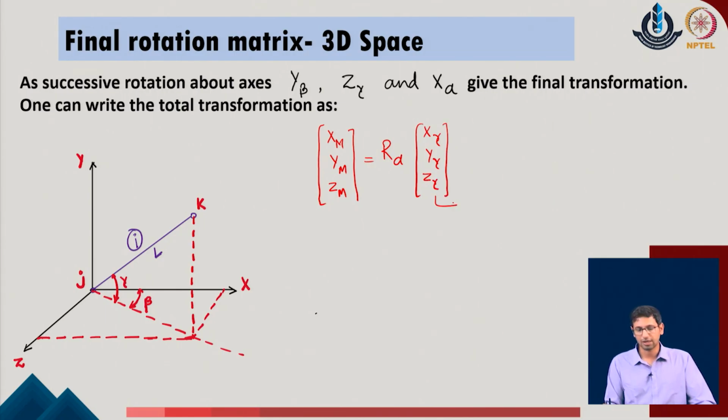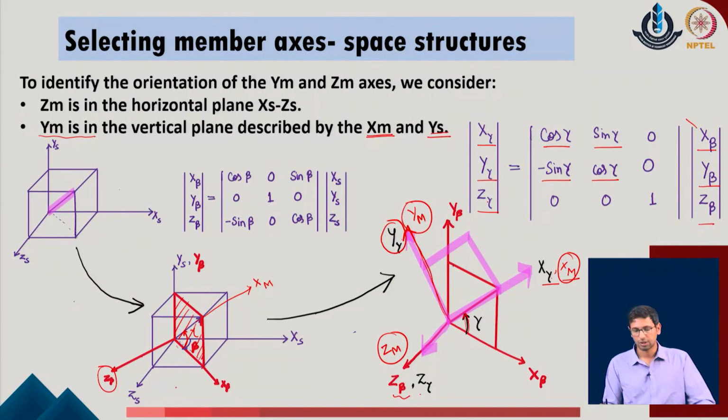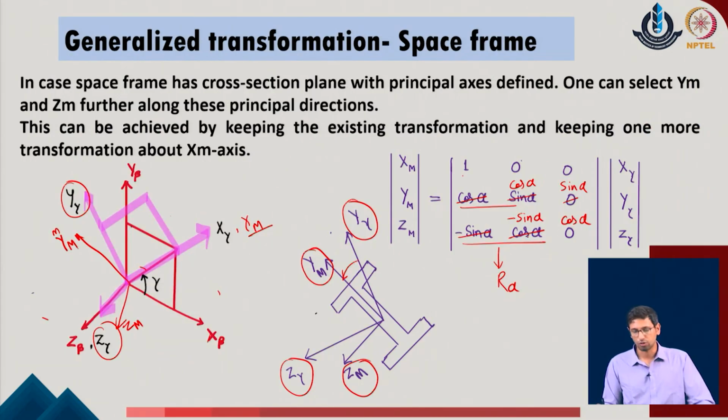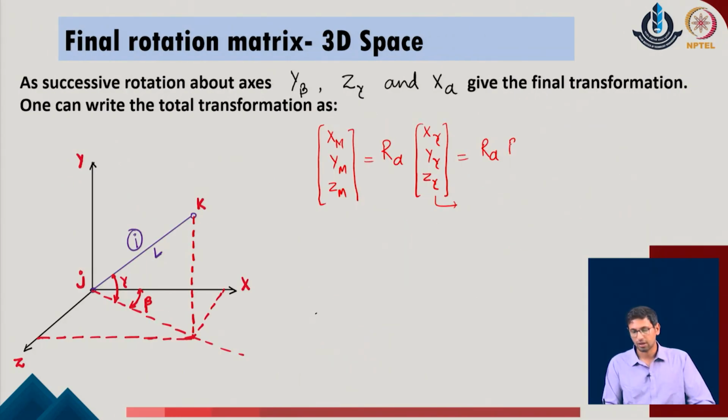Now, we realize that x of gamma, y of gamma and z of gamma is already defined, that these three values can be written in terms of the beta components. So, I go with the expression that it is R of gamma into x of beta, y of beta and z of beta in the given system.